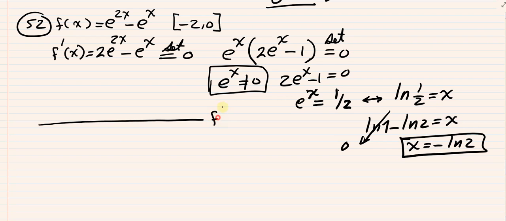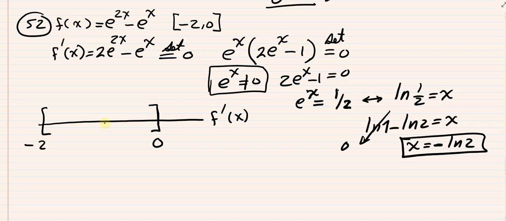This is f prime. The only critical number in the interval from -2, call that -2, and this is 0, closed interval. Negative ln of 2, I have to use a calculator for this one. And that's going to be about -0.7.